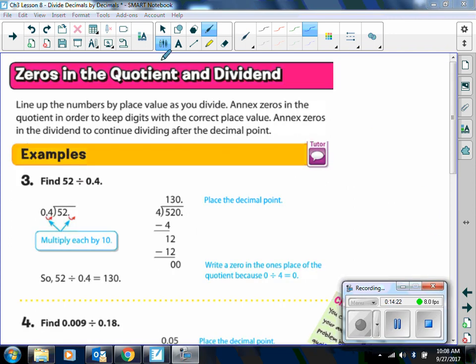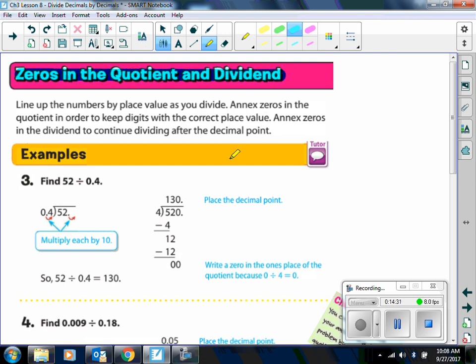So now we have zeros in the quotient and the dividend. We're going to divide with zeros in the quotient and the dividend. Okay? So, it says here, line up the numbers by place value as you divide. You're going to annex zeros in the quotient in order to keep the digits with the correct place value.